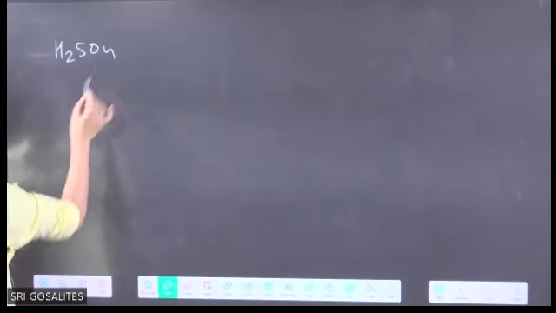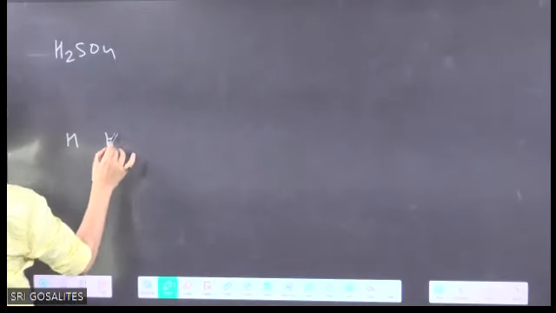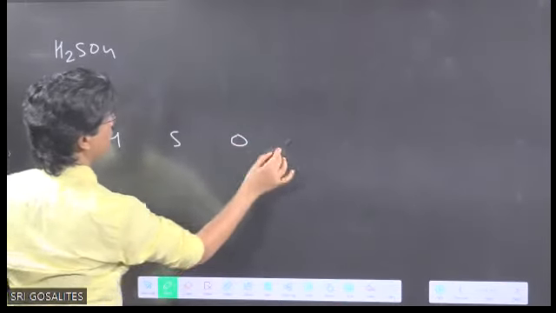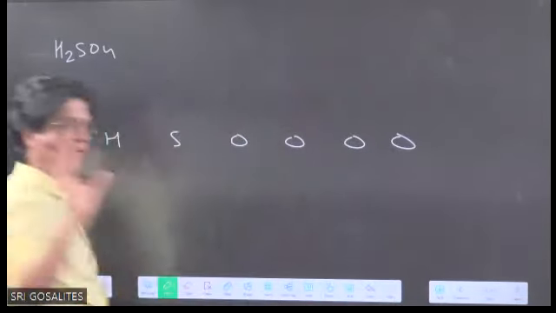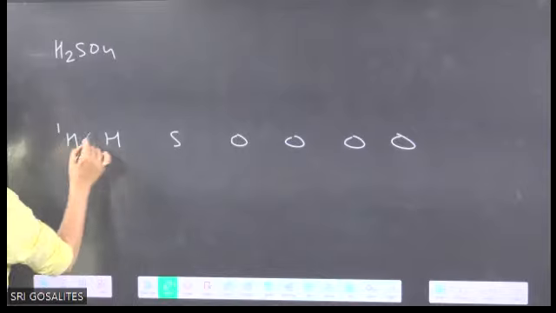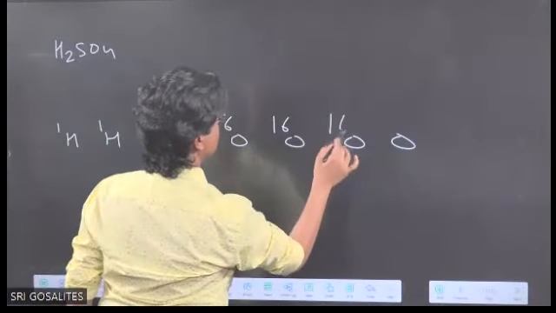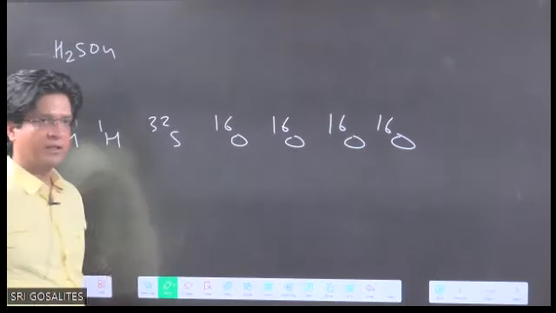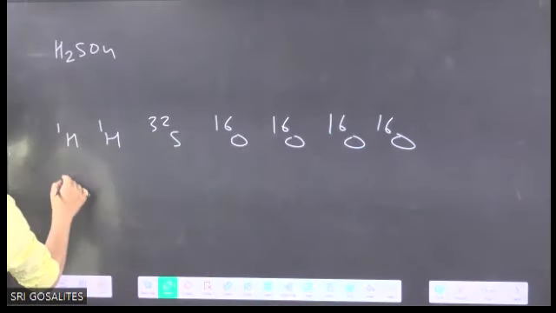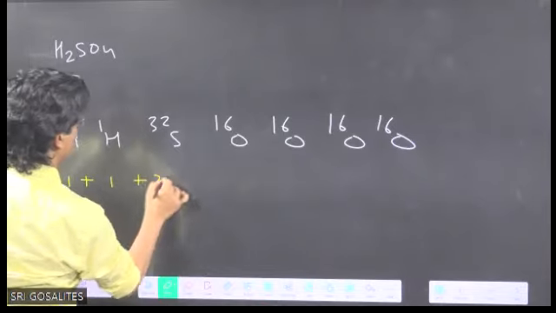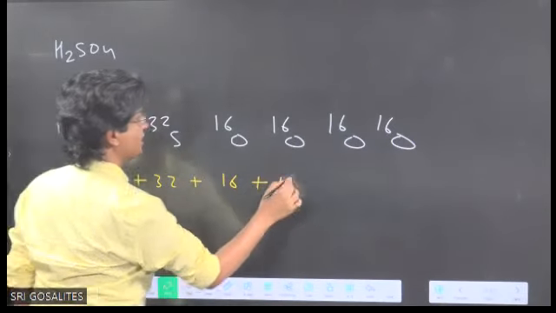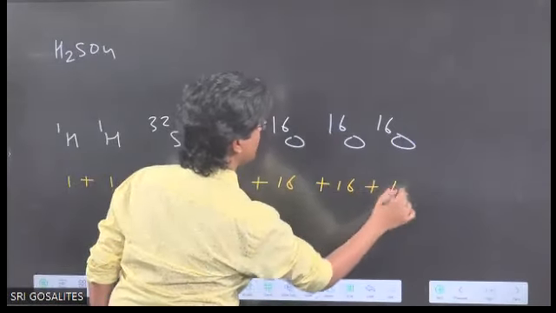See, so H2SO4 is basically made up of 2 hydrogen, 1 sulfur and 4 oxygen atoms. Agree or not? So this is 1, 1, 32, 16, 16, 16 and 16. So total will be 1 plus 1 plus 32 plus 16 plus 16 plus 16 plus 16.